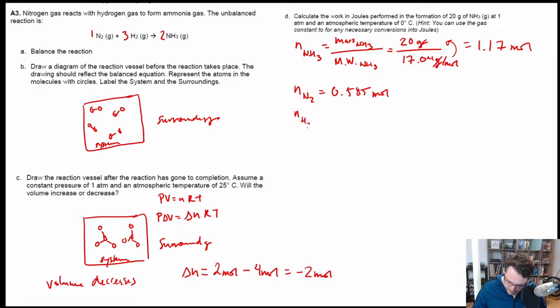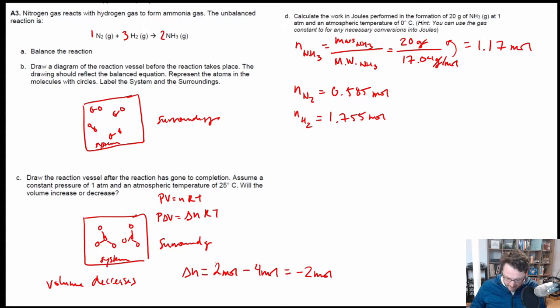And then the number of moles of H2 in this case is, for every 2 moles of ammonia, you have to use 3 moles of H2. So we multiply 1.17 by 1.5, and 1.17 times 1.5 comes out to 1.755 moles.